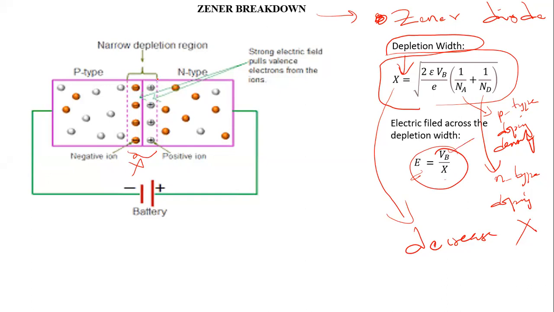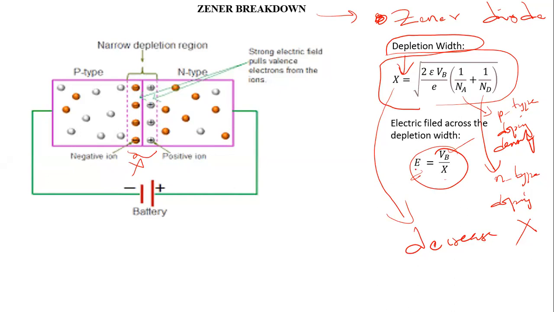The potential barrier means the potential difference across the p-n junction. We have obtained this potential barrier expression also. Now, if you decrease the depletion width X value, that will result in an increase of electric field across the p-n junction.